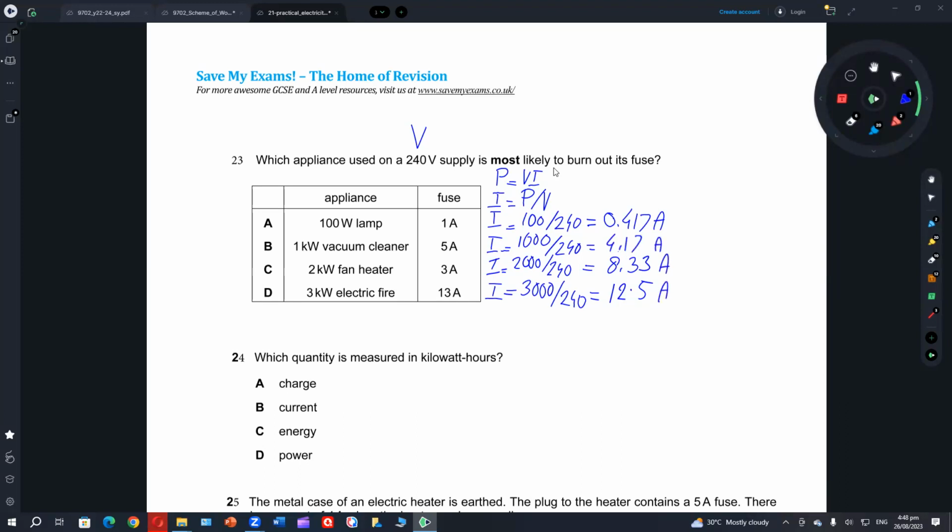I have made calculations for all options. So where the current is exceeding the fuse current. C. Yes.